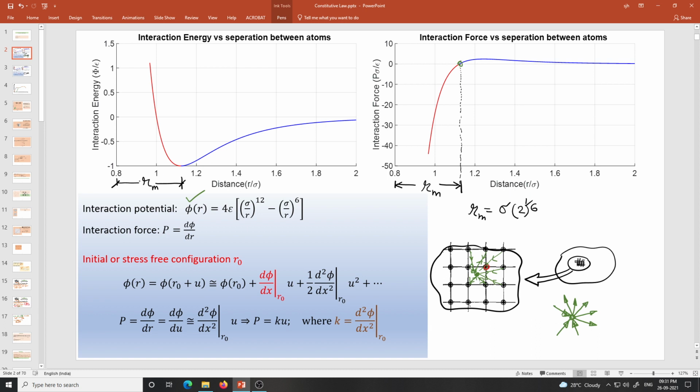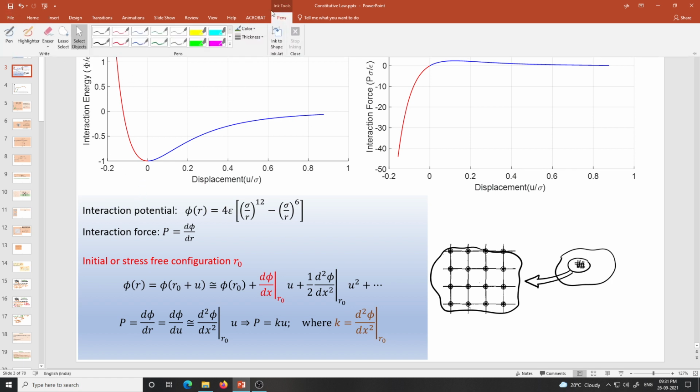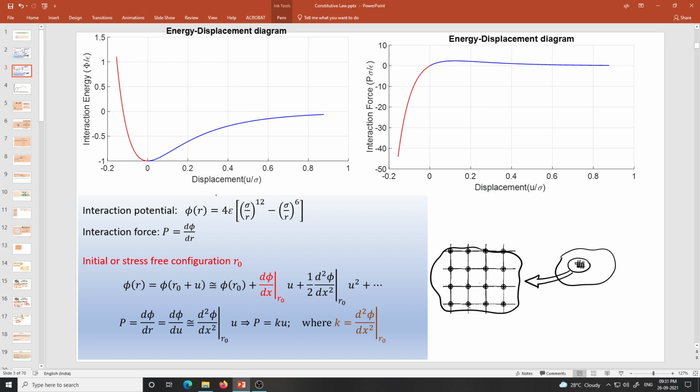Now if we measure the displacement from the equilibrium configuration, then instead of r we can use the displacement, because in our previous lecture when we learned the strains, we considered the displacement from the equilibrium configuration.